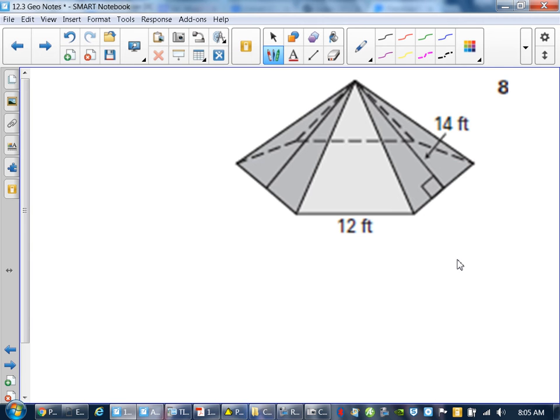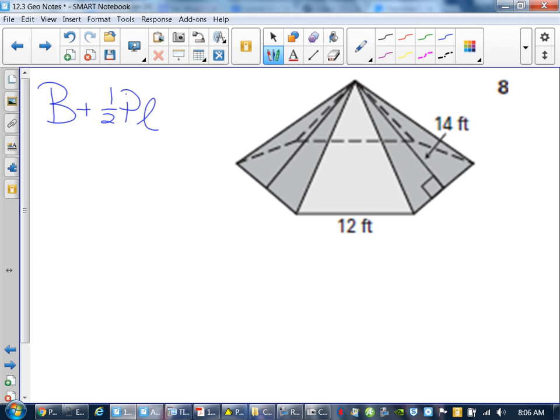Now, just like we've done before, we always start by writing out formulas. Big B, half the perimeter, times the slant height. What is this base? It's a hexagon. It has a side length of 12, but it's a hexagon.